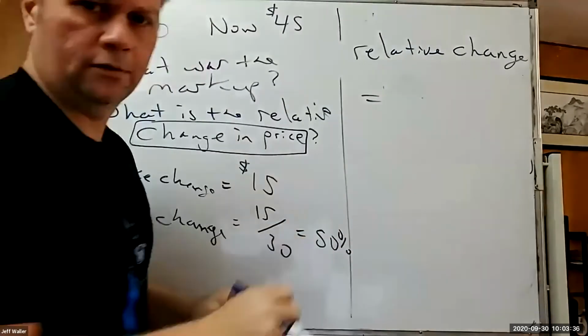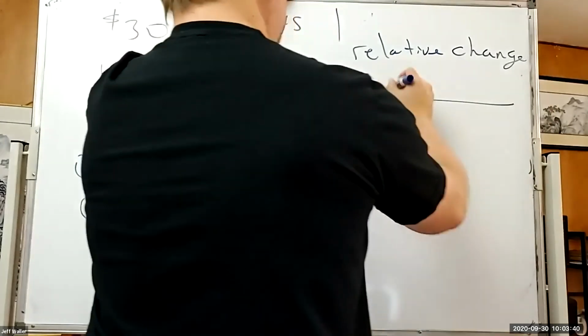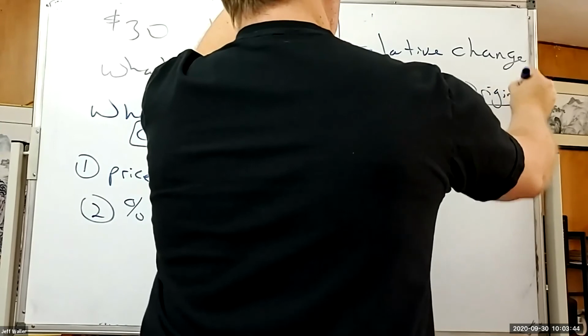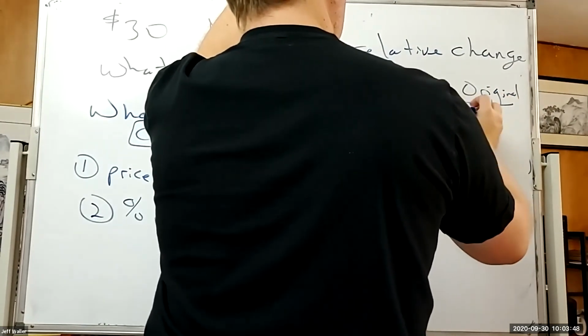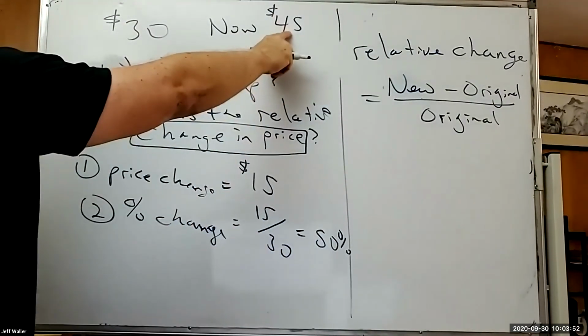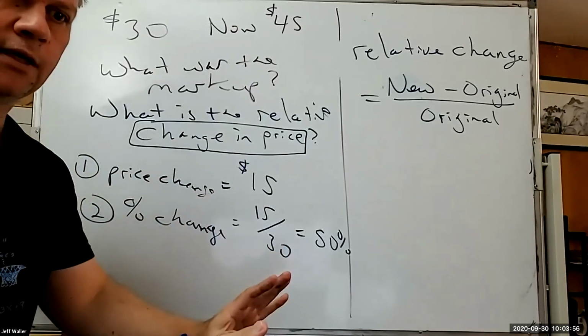How do I want to say this? I want to say this the same words they got. The new value minus the original divided by the original. Which is what we did here, right? That's exactly what we did.